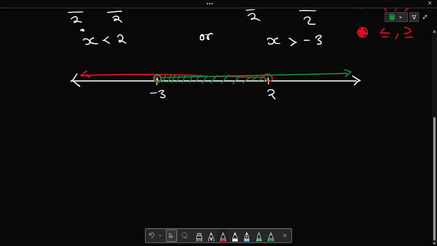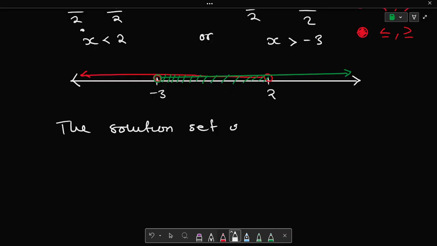Okay, so once we do that, the solution set is going to be negative 3 comma 2, like this, and we know why we're using this. We're using parentheses instead of using this type of brackets.